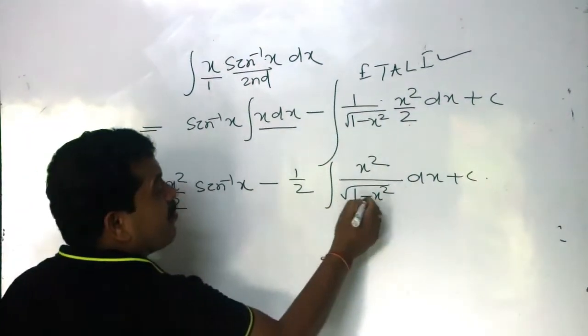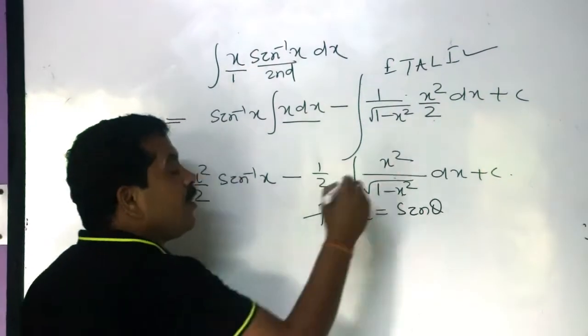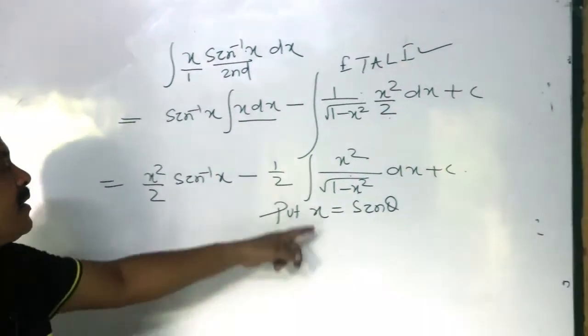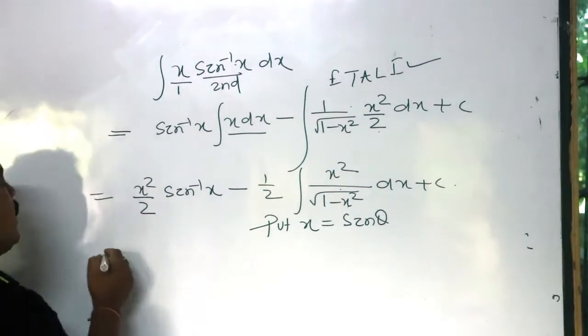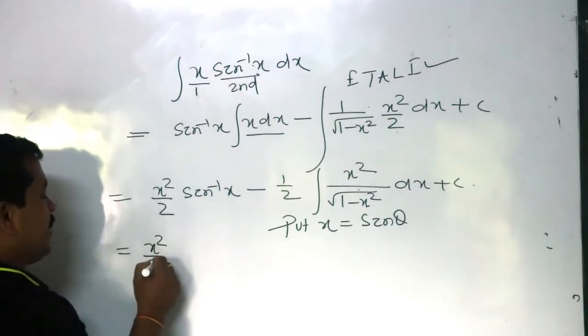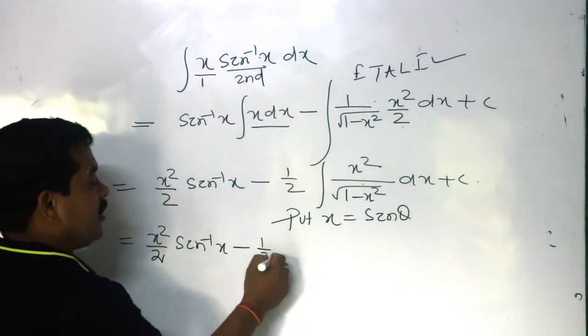Here it is square root of 1 minus x square, so we have to put x as sine theta. If we put x as sine theta, then this part of the integration can be evaluated easily. That is equal to x square by 2 sine inverse x minus 1 by 2.